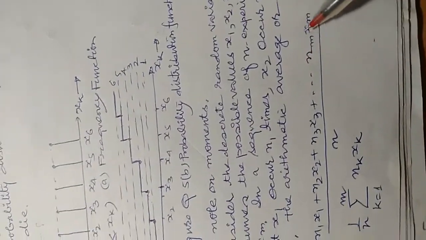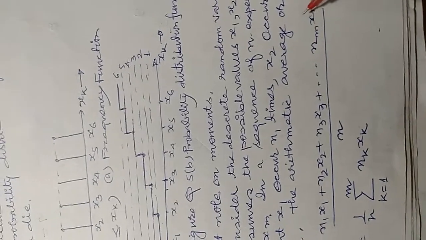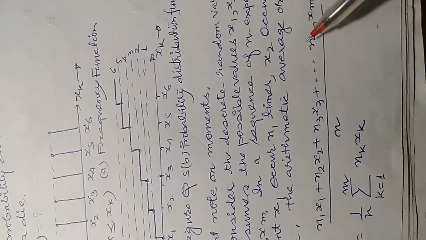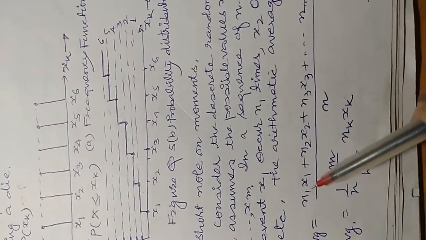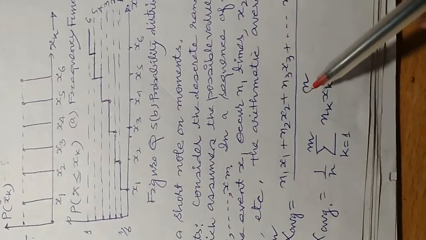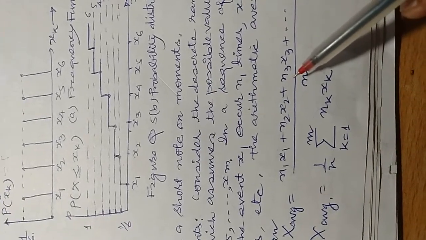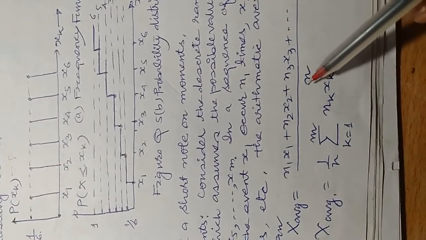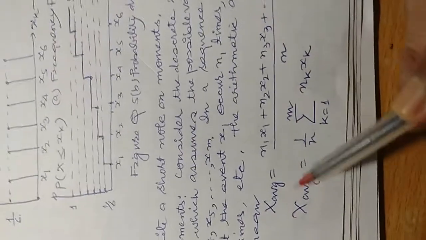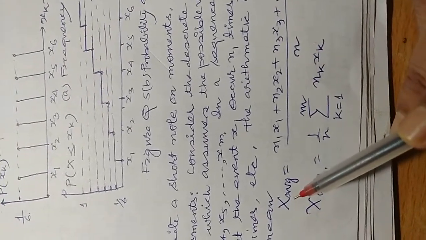Likewise, if you get the value xm, nm times, then we add all the values and divide by the total number of observations. Likewise we take out the average.